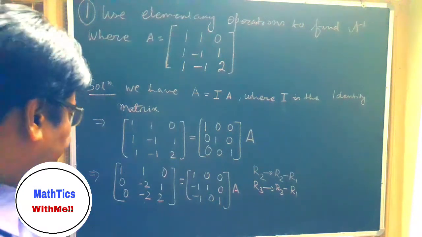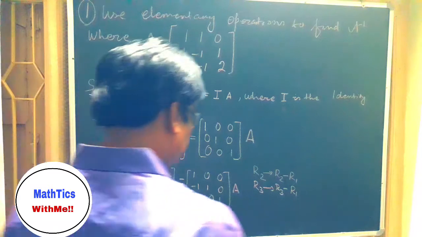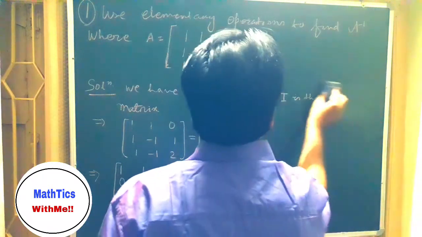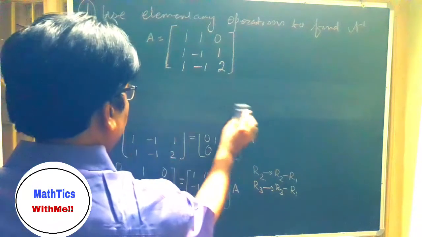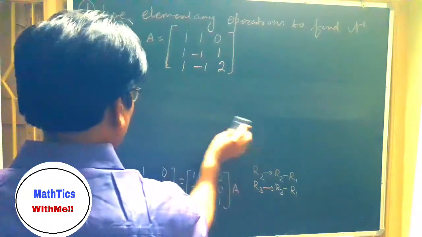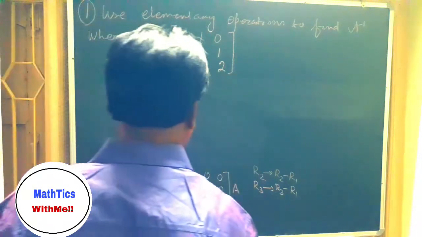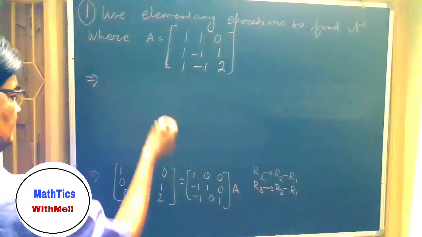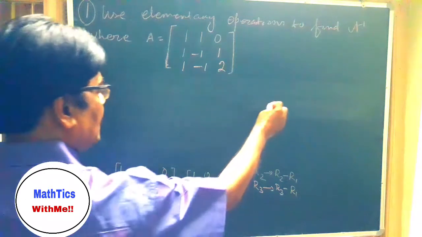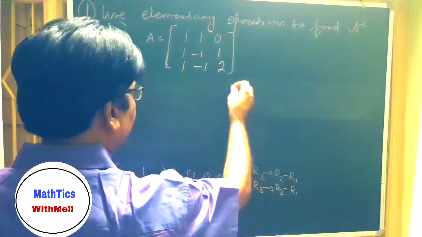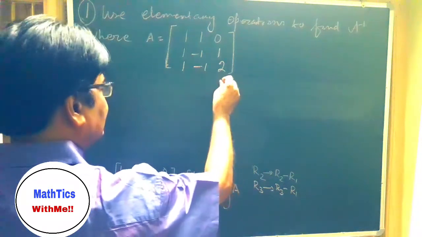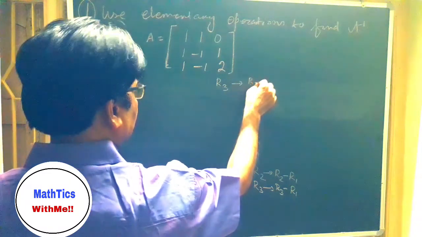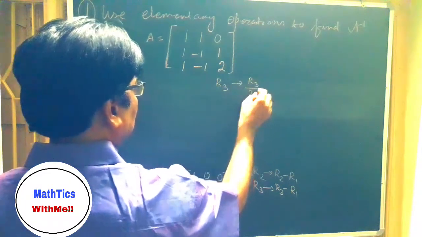So now, this implies, let us apply row 3 replaced by row 3 by 2.